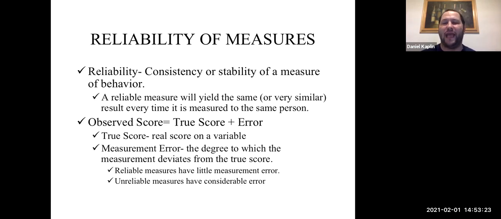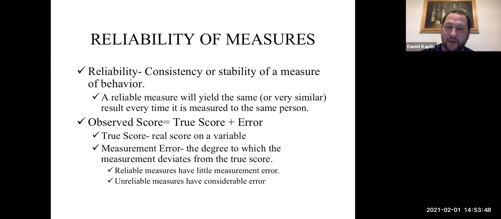We know that every single instrument has some error. The test you will take throughout this term has some error, but the goal is to assess the true ability and error. And we want most of your performance to be based on your true ability, and very little to be based on error.